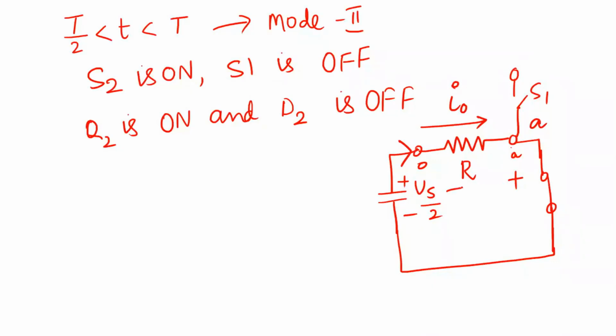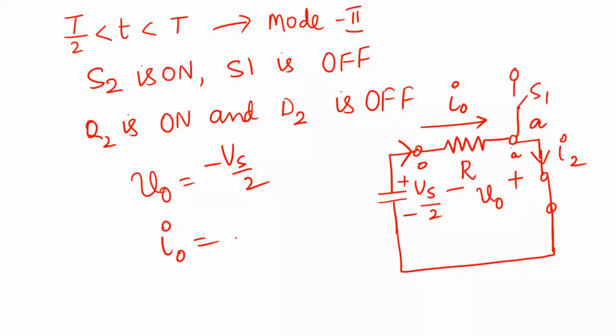As a result of that, what happens? V0 is equal to minus Vs by 2, and I0, this current is I2, is equal to minus Vs by 2R.